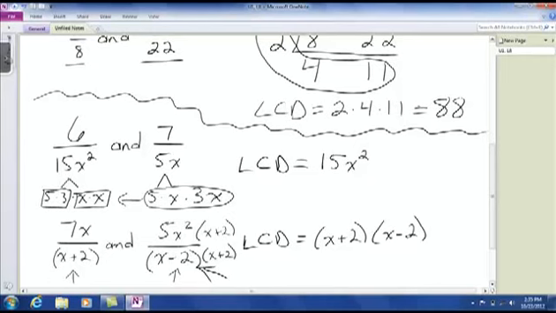Now I've got this least common denominator I just talked about. If I come over to this other fraction, I could multiply it by x minus 2 on top and bottom, and now it has the exact same denominator. So now their denominators are the same. That's what we mean by the least common denominator. X minus 2 times x plus 2 is the smallest possible denominator that they could each have.